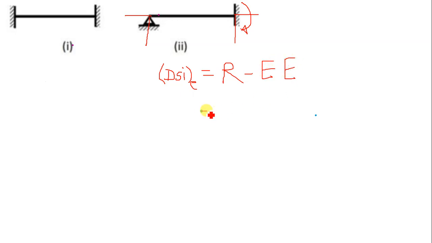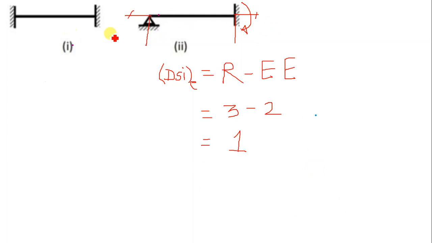Now the number of reactions, ignoring these horizontal reactions, are 1, 2, 3. Available equilibrium equations are now 2 in number because summation Fx is ignored, and hence this structure is indeterminate externally and the degree of static indeterminacy is equal to 1.